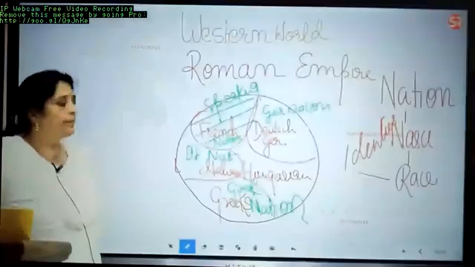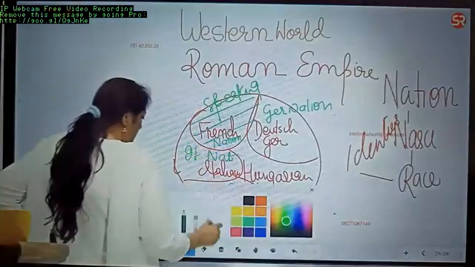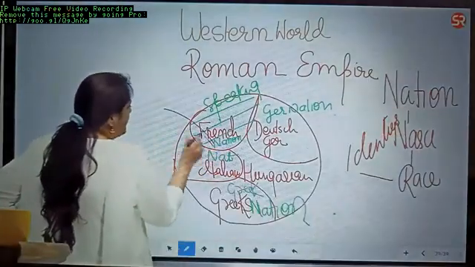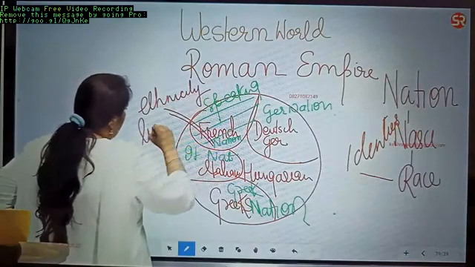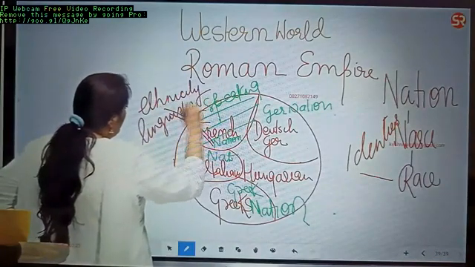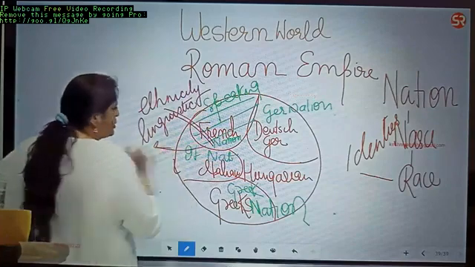You can use the term French ethnicity, French linguistic group, or the French nation.